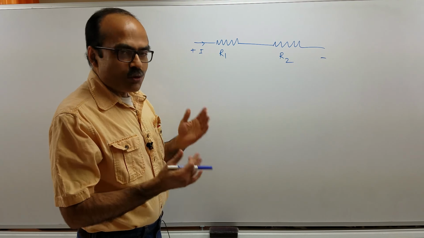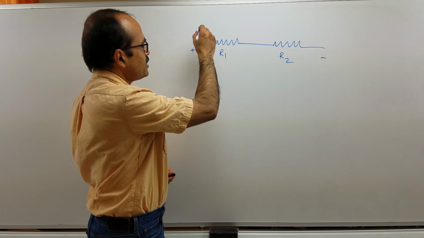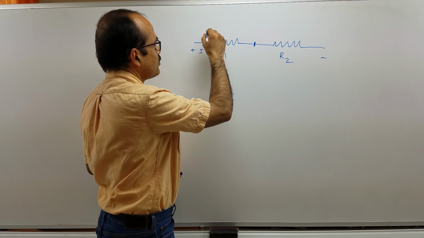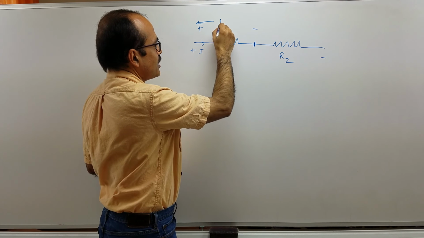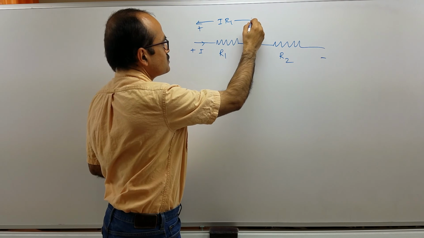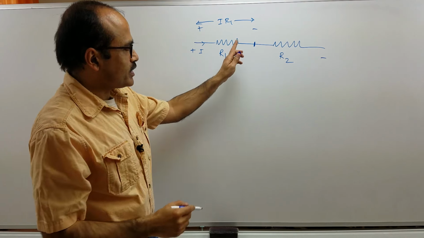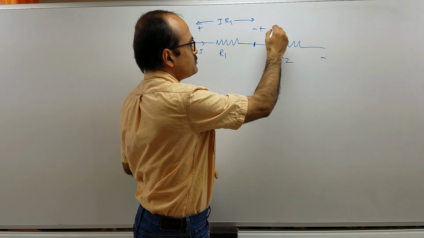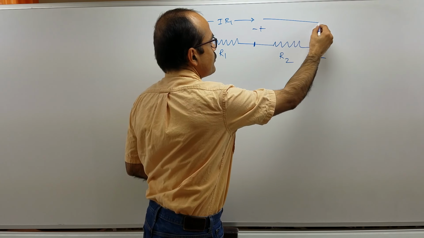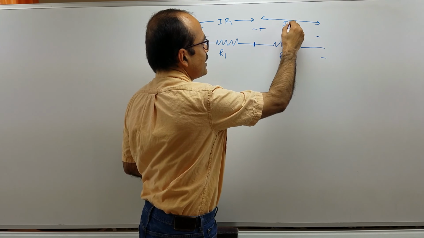Now, from Ohm's law we know the potential difference between these 2 points is I times R1, and the potential difference between these 2 points is I times R2.